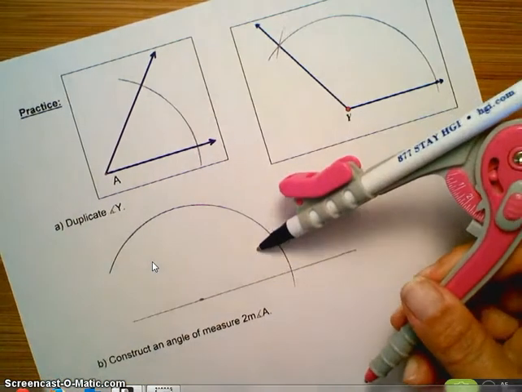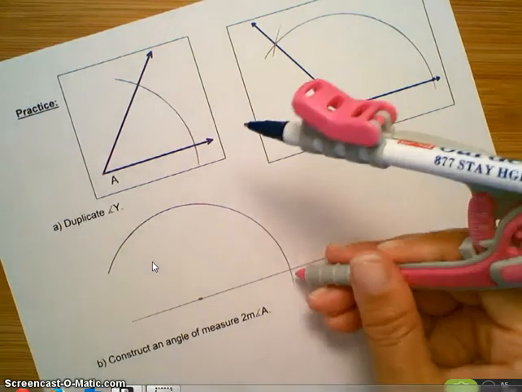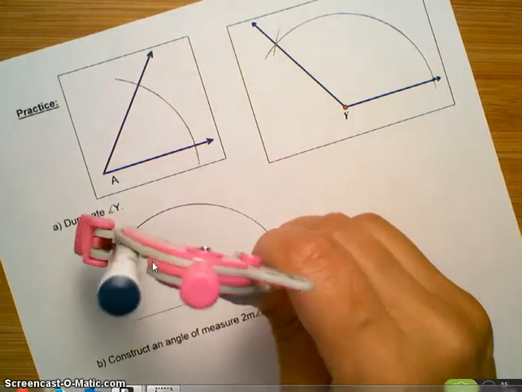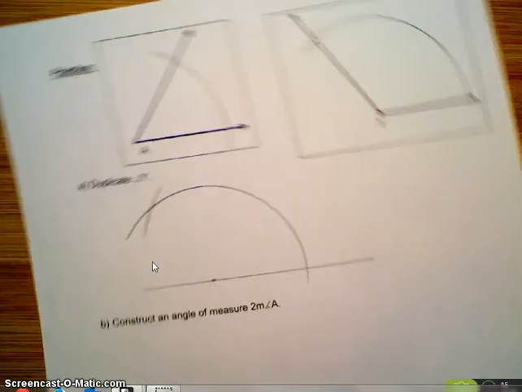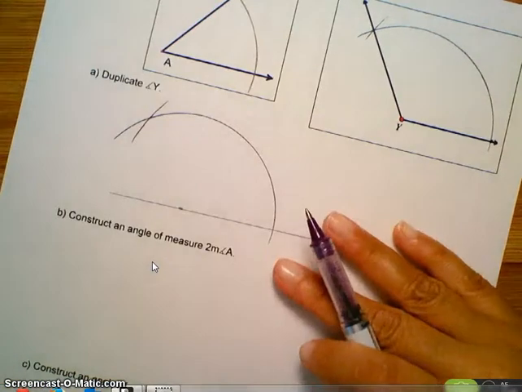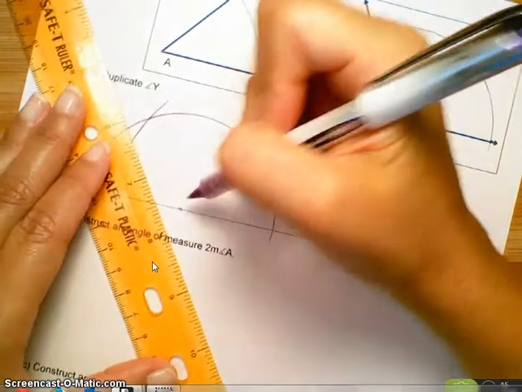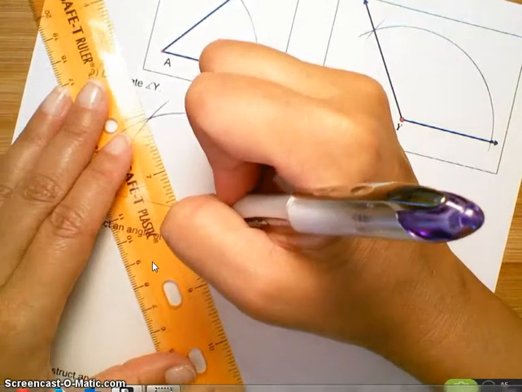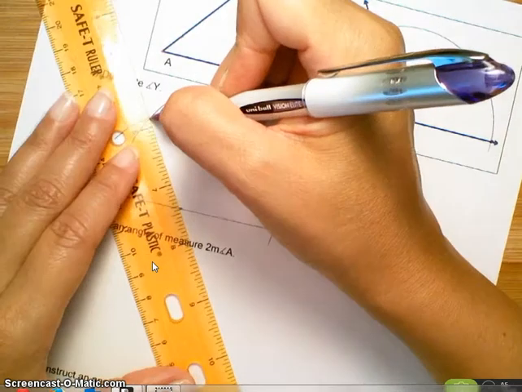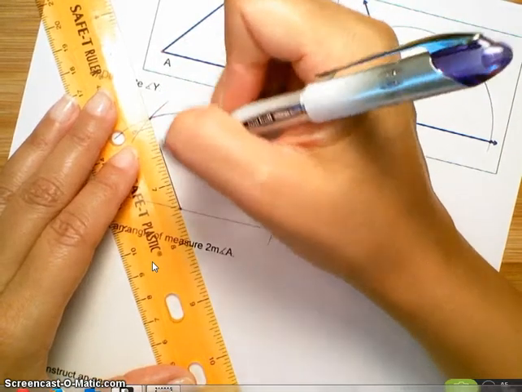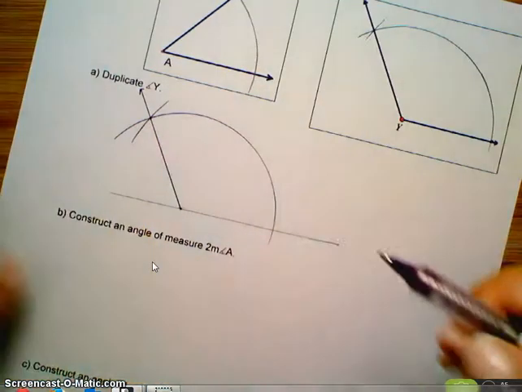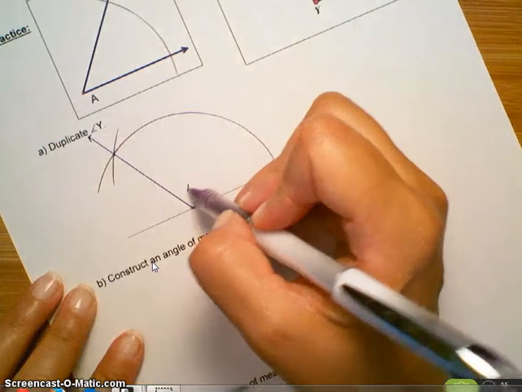I come back to where I'm building the arc, put the pointer on the intersection point, reach out and make an arc mark. I then take the ruler, line up the intersection point with the vertex point that I made, and draw the ray, and I've just duplicated angle Y.